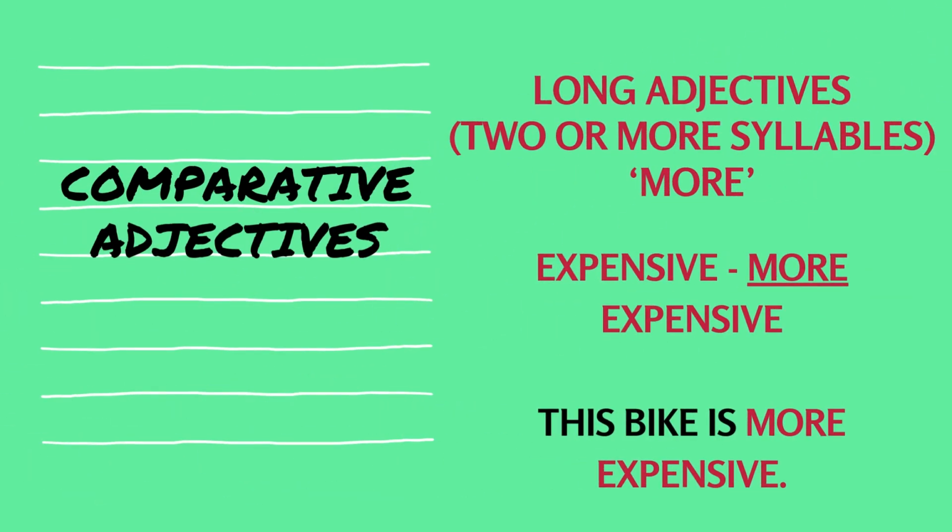When you use so-called long adjectives, which means adjectives that have two or more syllables, you need to use more, and the adjective remains unchanged. For example, expensive, more expensive. This bike is more expensive.